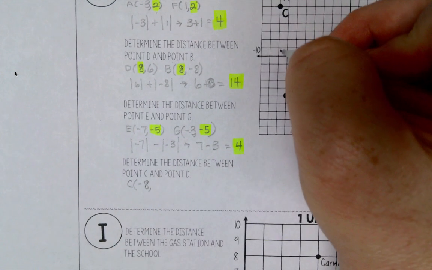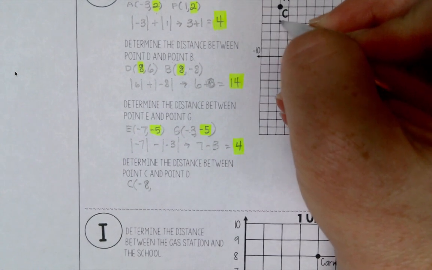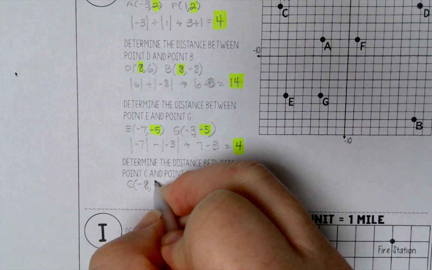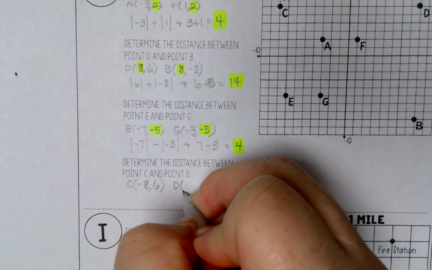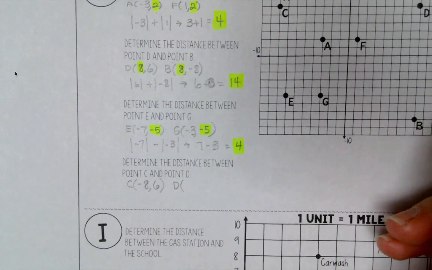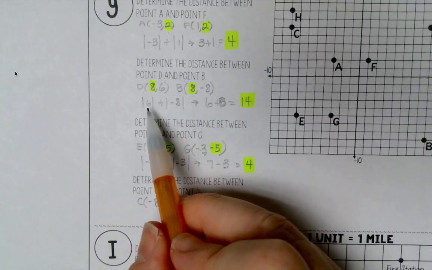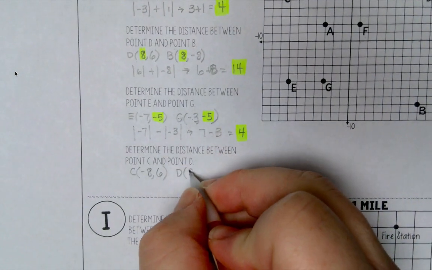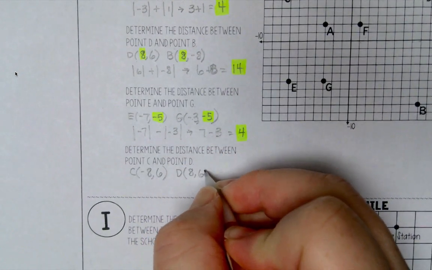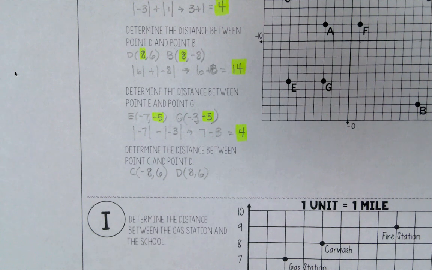And going up. 1, 2, 3, 4, 5, 6. Positive 6. Okay? And then D, we already have D because we've done it earlier, so let's not reinvent that wheel. D is positive 8, positive 6. So let's look at that flow chart.